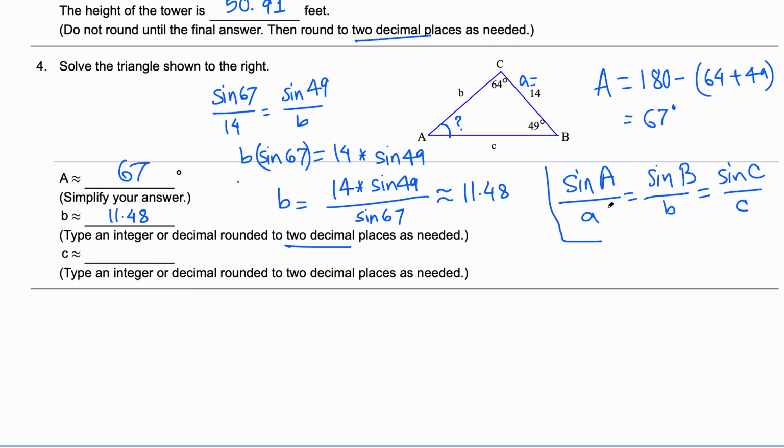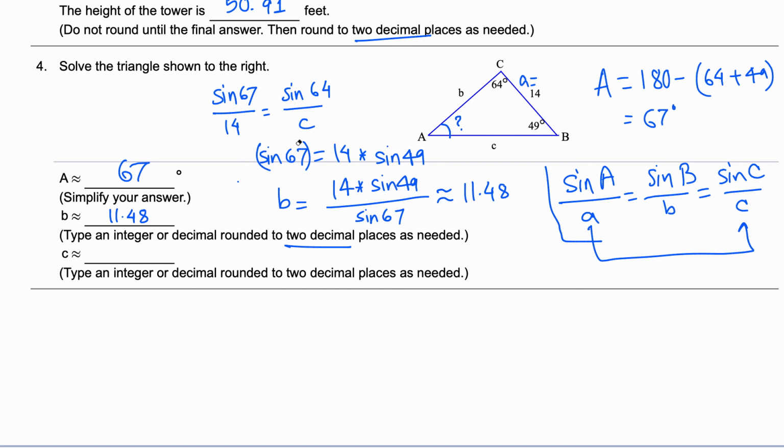Now using first and third, we can determine the value of C. It will be the same work. Sine A over A equals sine C over C. I'm going to use first and third to determine lowercase c, that's the only thing left to be known. So sine A over A equals sine C, which is 64, over lowercase c. Now it will be the same thing, cross multiply.